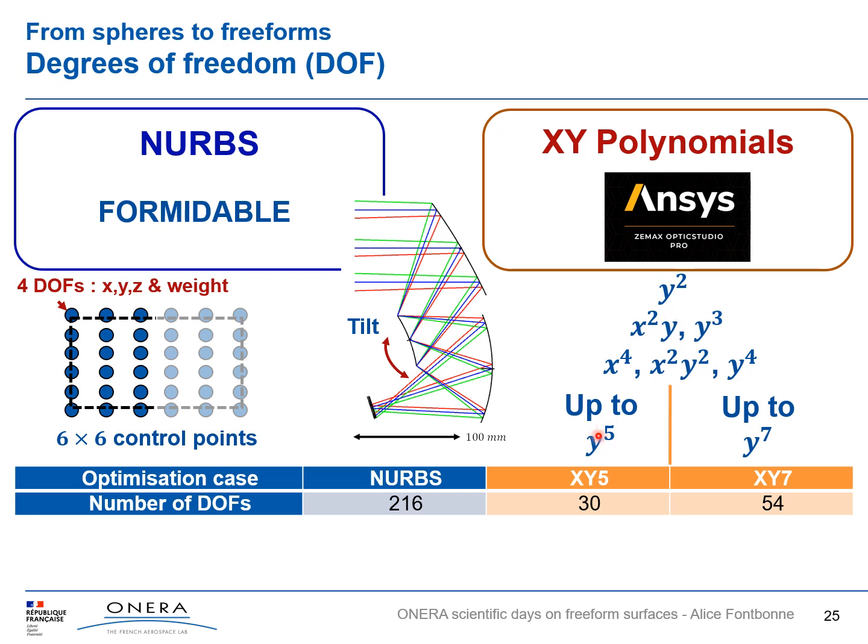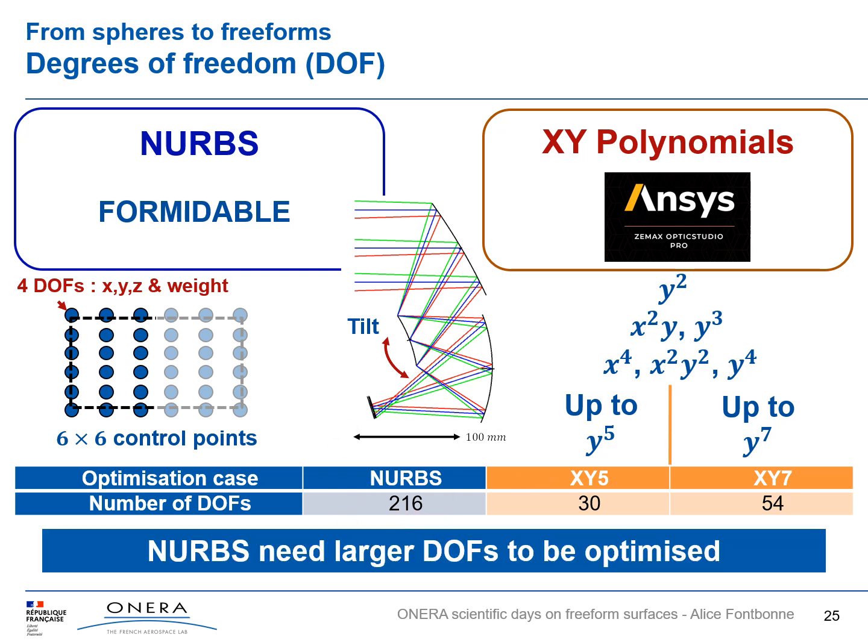And we use that up to y5 and to y7 to compare XY polynomial of order 5 and XY polynomial of order 7, and in both cases the degrees of freedom are smaller than in the case of the NURBS. So NURBS need more degrees of freedom to be optimized, and the question is how long it takes.